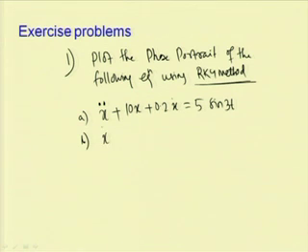then x double dot plus 5 x plus 0.2 x dot plus 0.1 x cube, this is Duffing type, equal to 5 sin 3t.